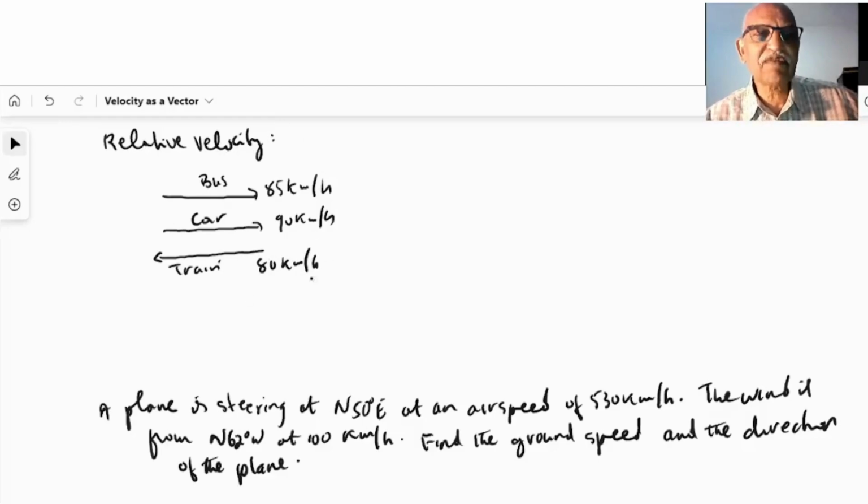These are velocities seen by a person observing from a helicopter up. These are the actual velocities. When you are in a helicopter, you see these velocities.